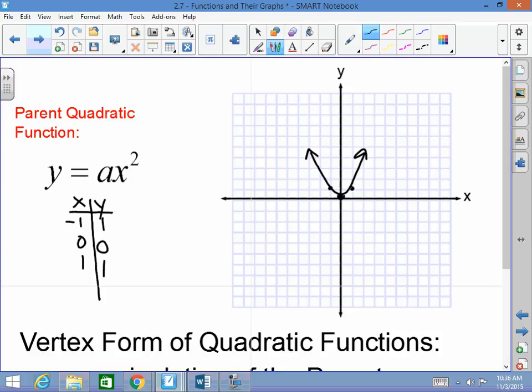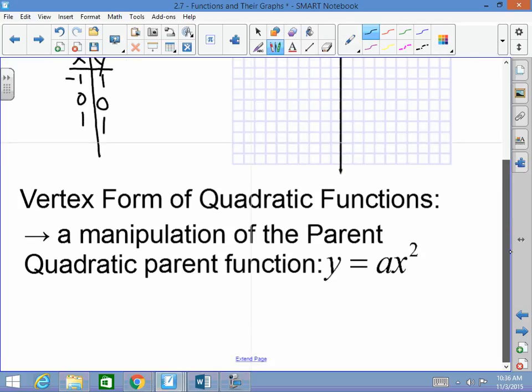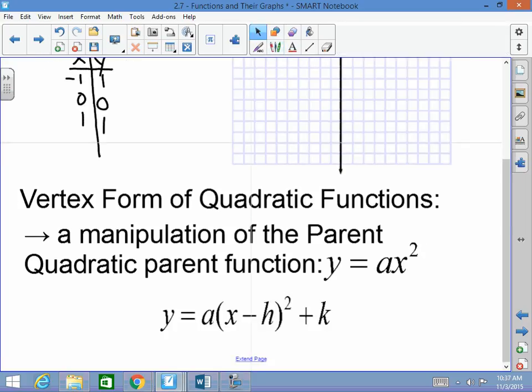Okay, that's the parent. Now, I can shift this up, down, left, right, and I can make it narrower or thicker. Not only for this quadratic function, but for all of the functions that I just finished showing you in the previous page. How? When we have it in what's called a vertex form. You can put any of the functions that we talked about in vertex form.